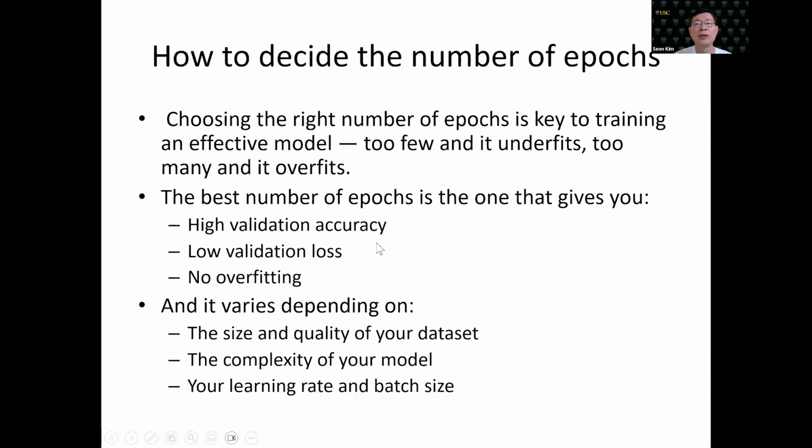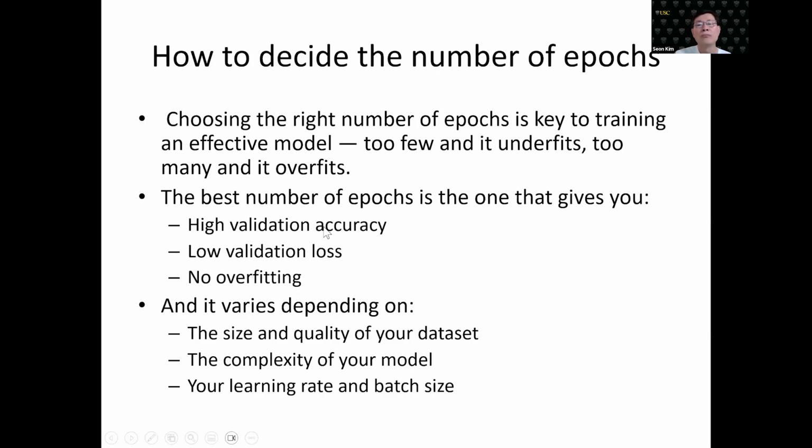This is kind of a repetition. How can we decide the number of epochs? Choosing the right number of epochs is very important because with too few epochs, the model is not providing good accuracy, and with too many epochs, it generates a problem called overfitting. It just focuses on the training data set, the generalization is not good, and maybe it's not working very well for a new data set.